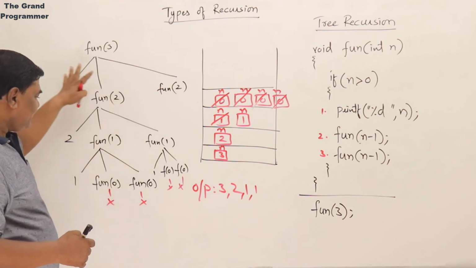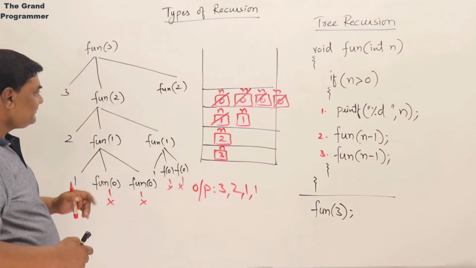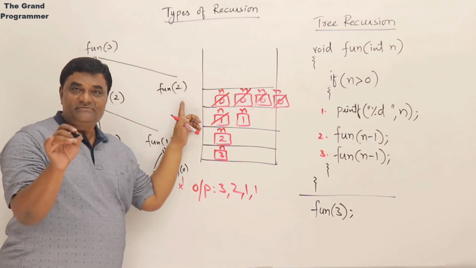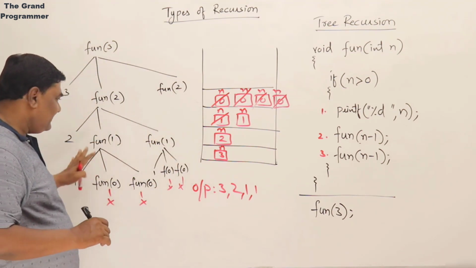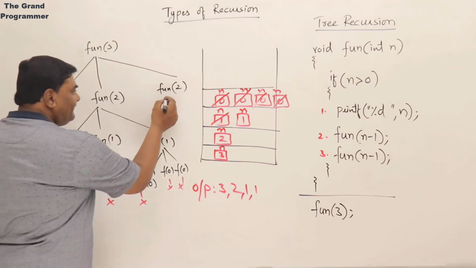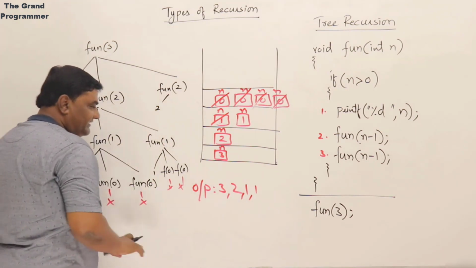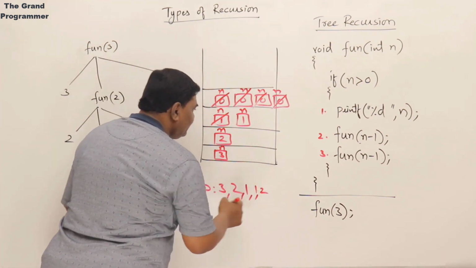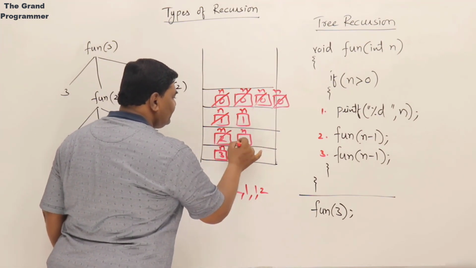Now I have taken enough space for explaining this one. Now I have to write it in small size, but it will happen as it has happened here. So let me finish it quickly. The first thing that happened is value 2 is printed, and an activation record is created.